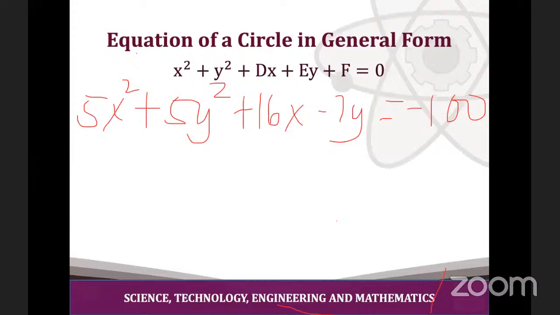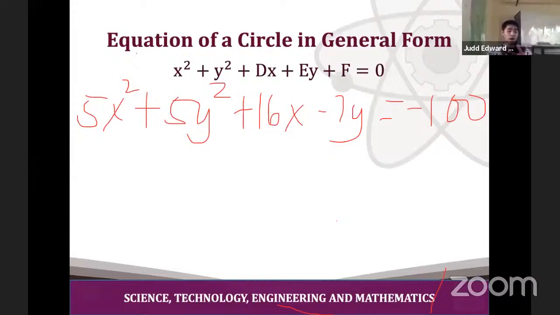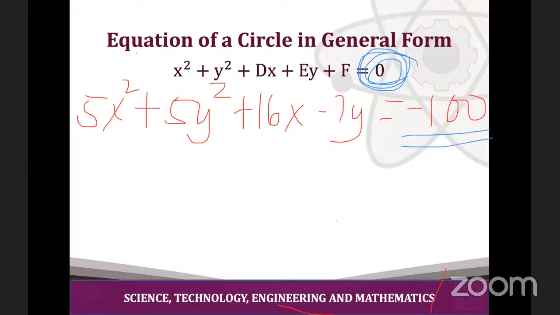Okay, bakit daw? Actually, this is not a circle in general form. Why? Because circles in general form should always have the right side equal to 0. Tandaan nyo, ha? Is the right side of this one equal to 0? Di ba hindi?